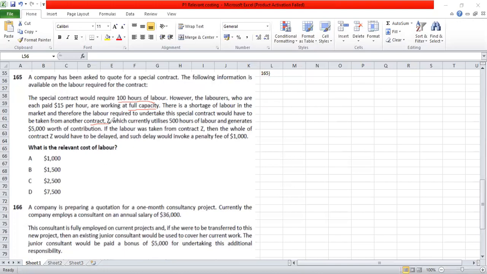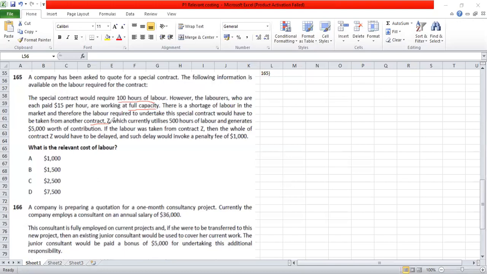So right now they see that to make the special order possible, they are even considering making an adjustment to the present situation. They are going to take the hours from contract Z, which currently utilizes 500 hours, and a contribution of 5,000 worth is there.